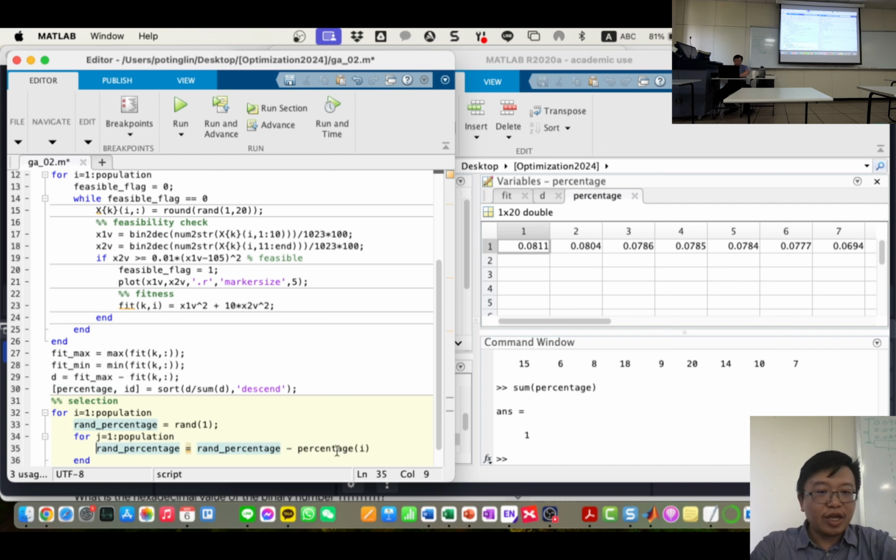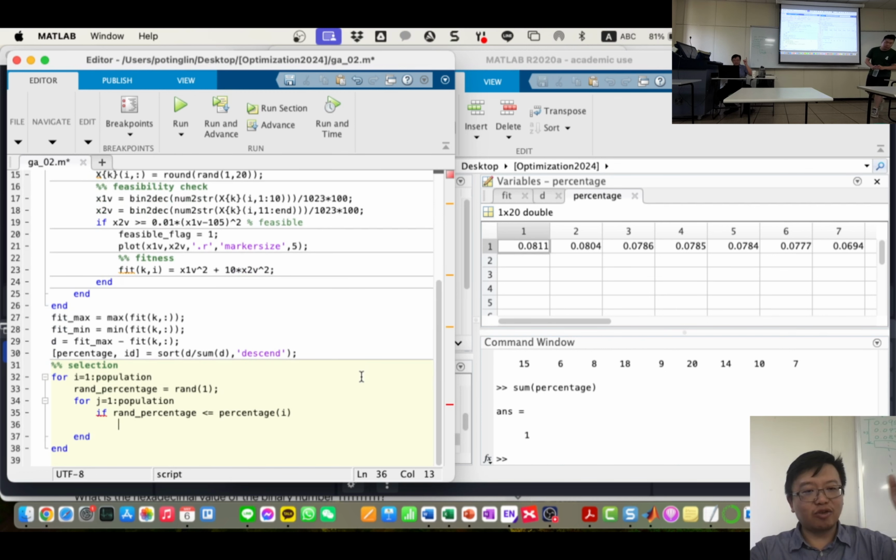Oh, I should say, if the random number is smaller than or equal to the percentage of the ith one, then that particular one is the chromosome.